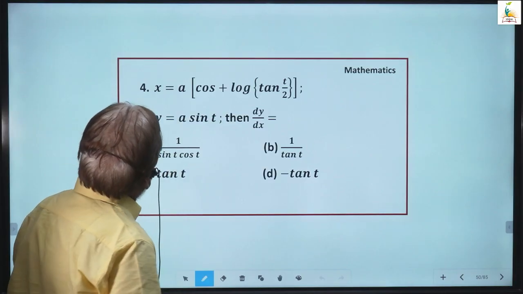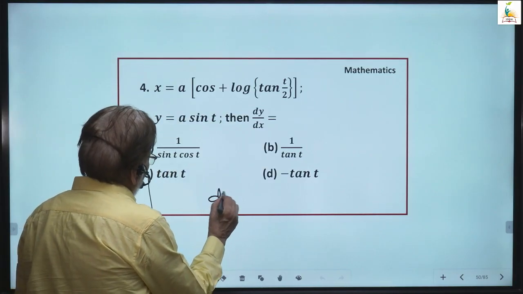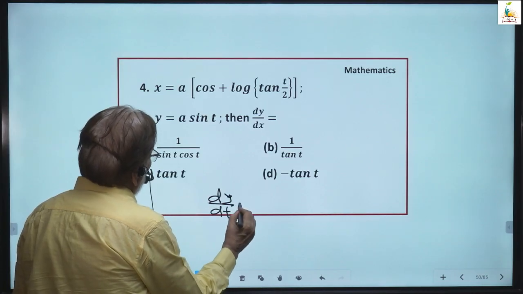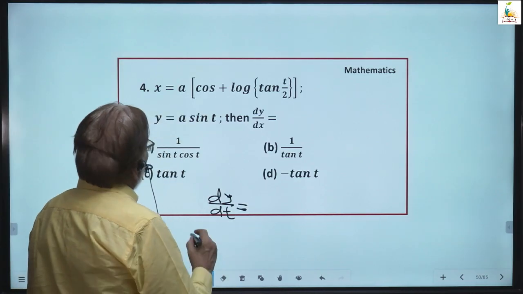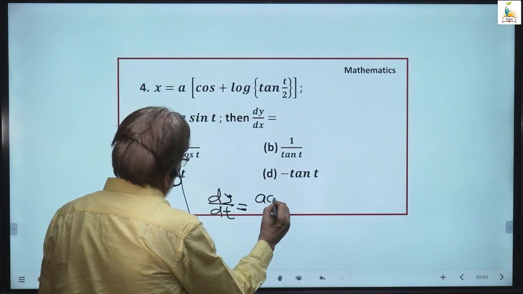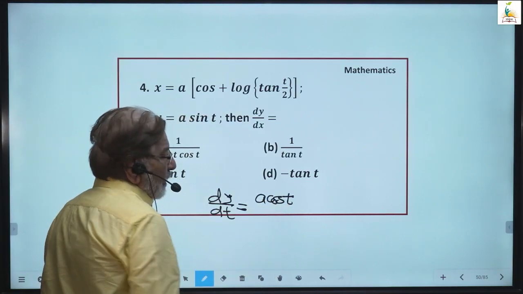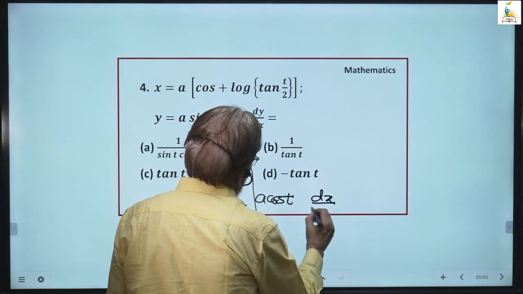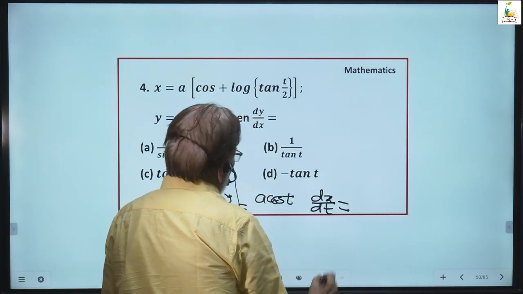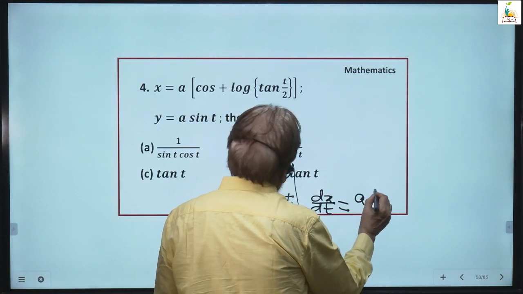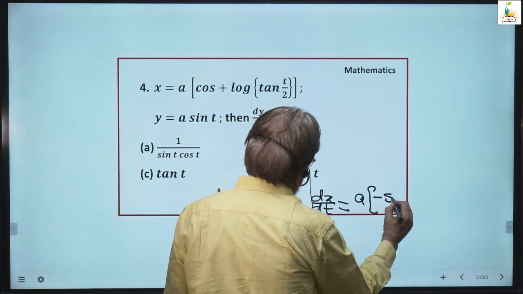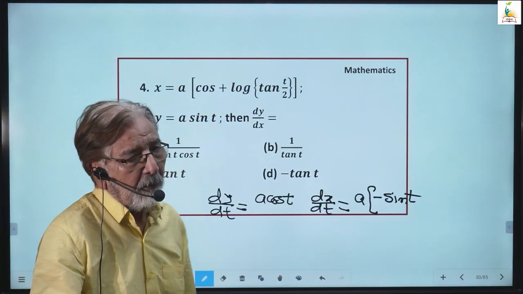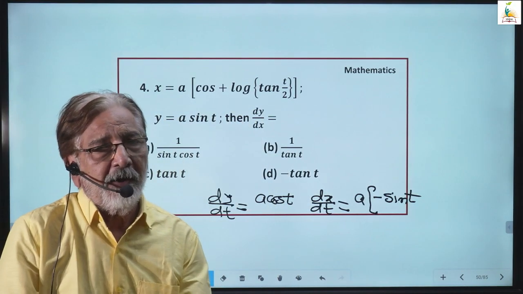You differentiate this, dy upon dx. dy upon dt is a cos t. dx upon dt will be equal to a into minus sin t. Now, differentiation of log tan t by 2 will be equal to 1 upon tan t by 2.